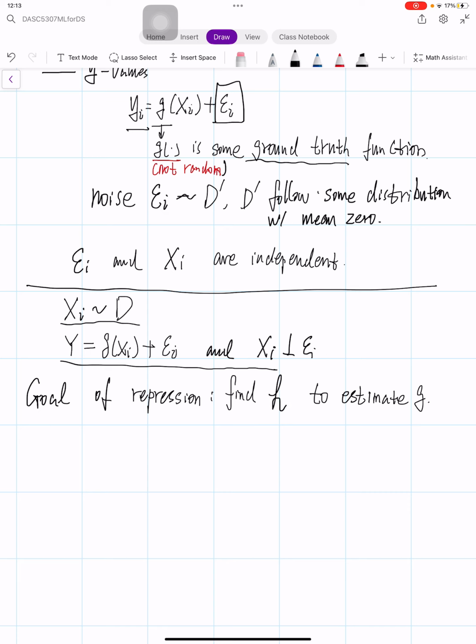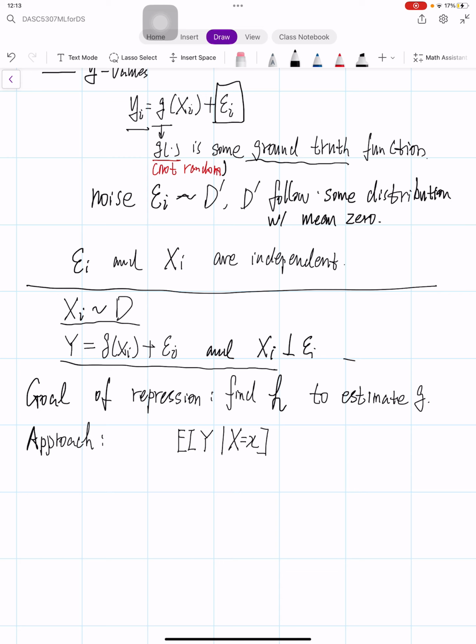The approach is to use what in statistics we call the conditional expectation: conditioned on x equals x, find the expectation of y.